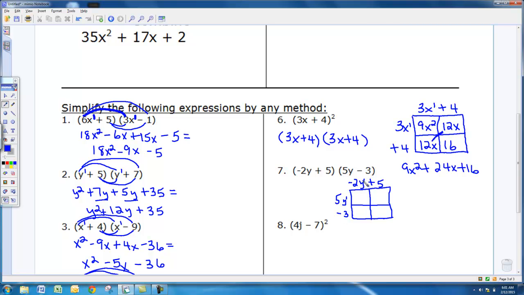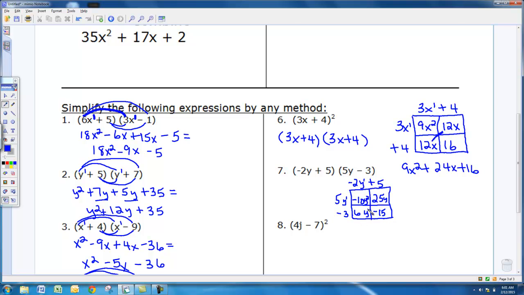Okay, 5y times negative 2y gives us negative 10y squared. 5y times 5 gives us 25y. Negative 2y times negative 3 gives us positive 6y. Negative 3 times 5 gives us negative 15.